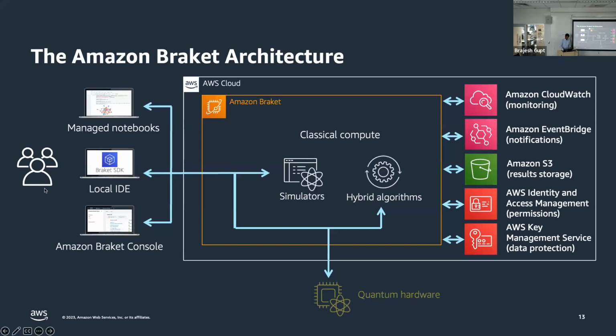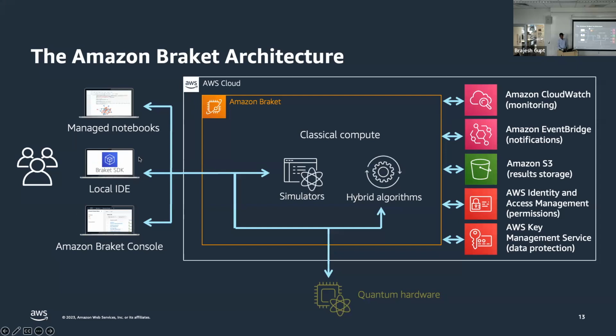And then as a user, you'll be able to interact with Amazon Braket via different methods. First is managed notebooks, which is what we are going to look at today. In my demo, I will show you how you can use managed notebooks to access the services of Amazon Braket. And then there is local IDE.